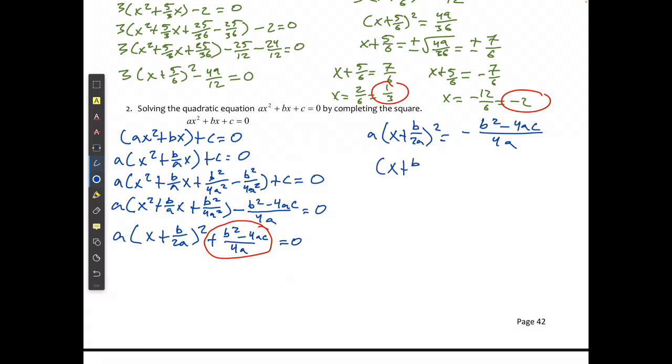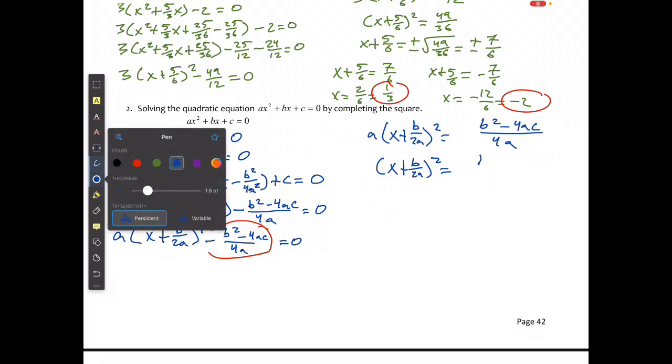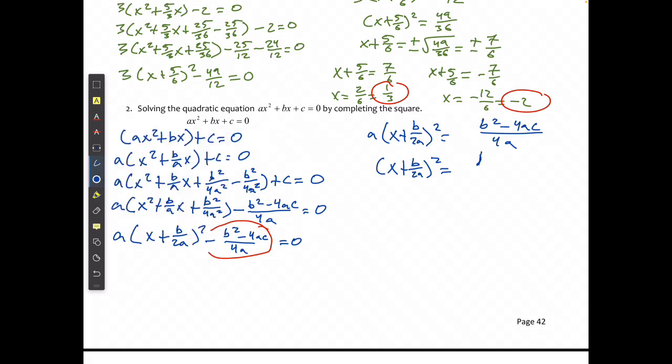X plus b over 2a squared is going to equal negative, sorry, positive. What am I doing? b squared minus 4ac over 4, because I'm dividing by another a squared.